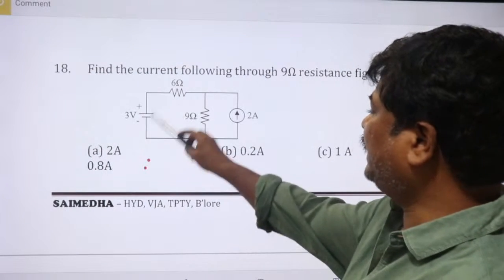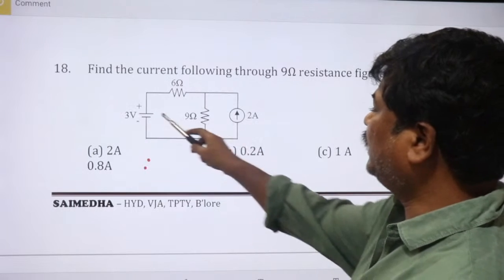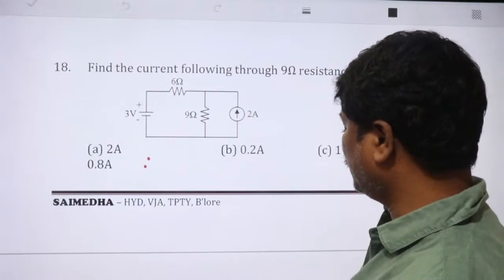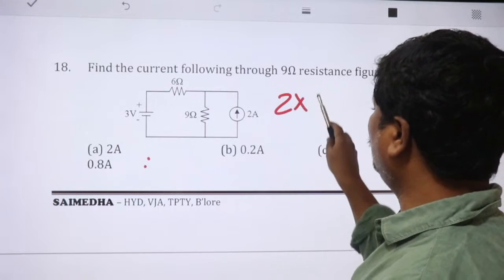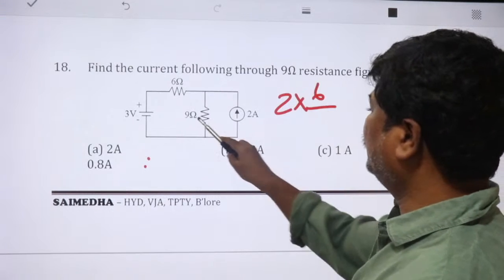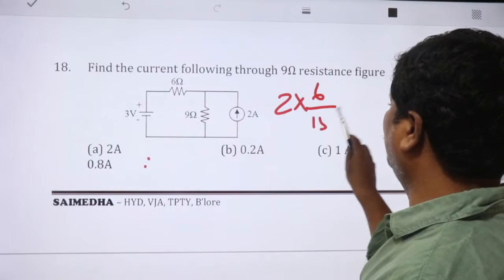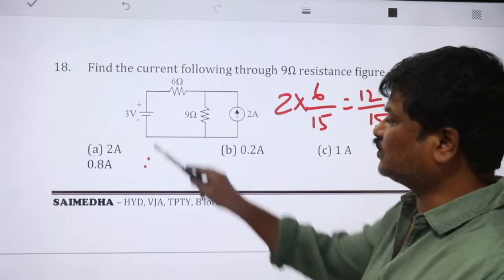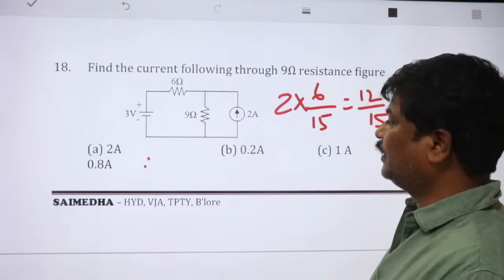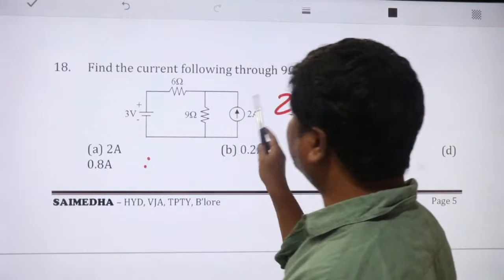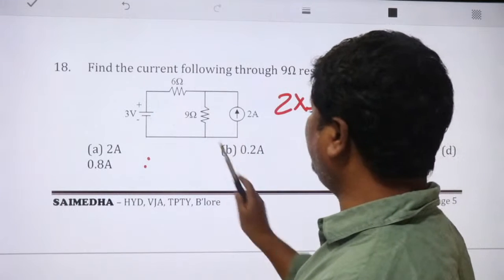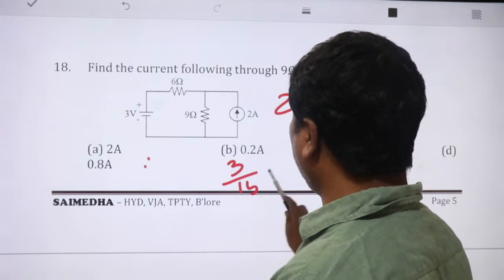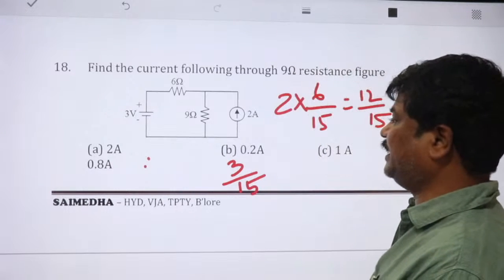If you apply 3 volts here, when 2 amperes is applied, what happens? By the current divider formula, 2 into 6 divided by 15, 12 divided by 15. This is due to this current source. Now make this current source 0 and apply this voltage source: 3 divided by 15 is the current that passes here.